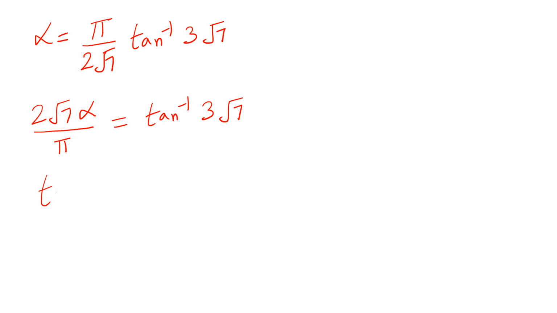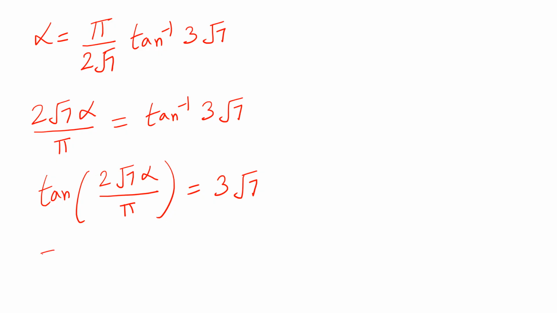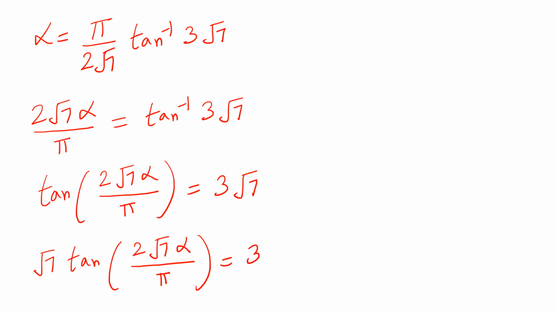Or I can write tan of 2 root 7 into alpha whole divided upon pi equal to 3 root 7. So that means the value of root 7 into tan of 2 root 7 into alpha whole divided upon pi is equal to 3 into 7, which is finally 21. So students, 21 is the correct answer of this question.